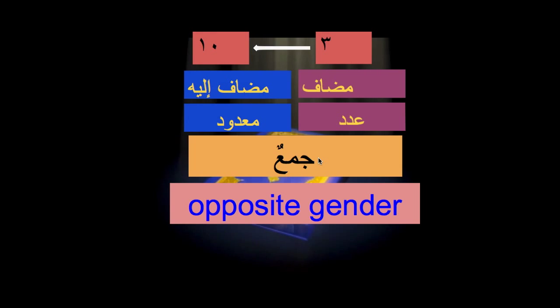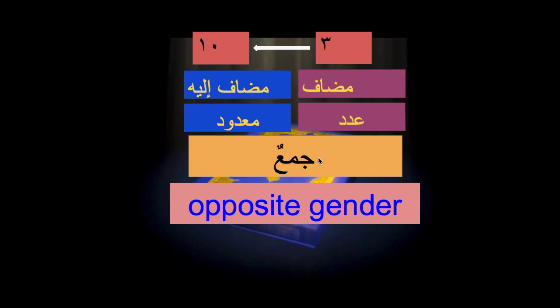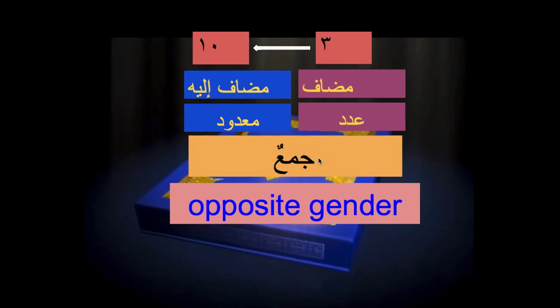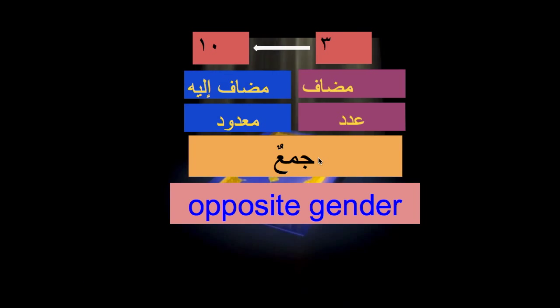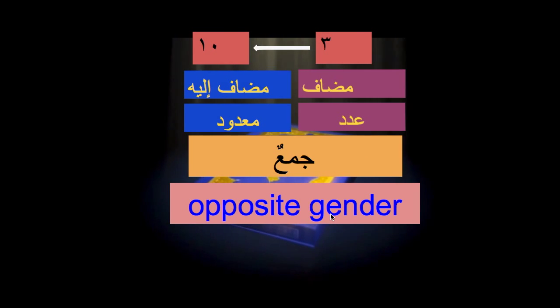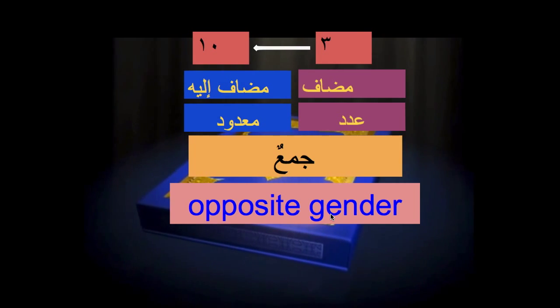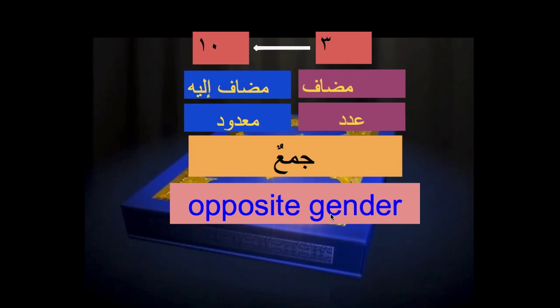If you say 3 pens, we use thalathatu aqlamin, a plural noun, and the number is in the opposite gender of the thing which is counted. That's the speciality wherever the 3 starts, whether it is 3 to 10 or 13 or 23. Wherever the 3 comes, we use a gender of the number opposite to the thing which is counted.